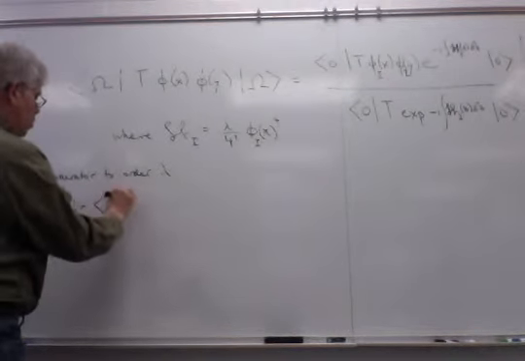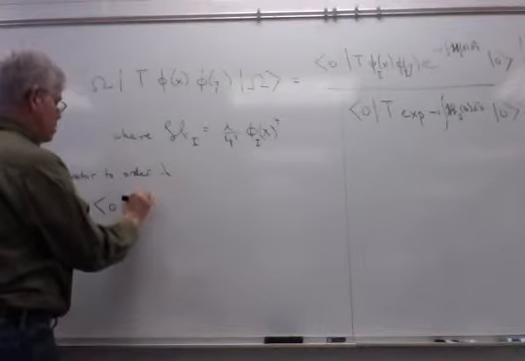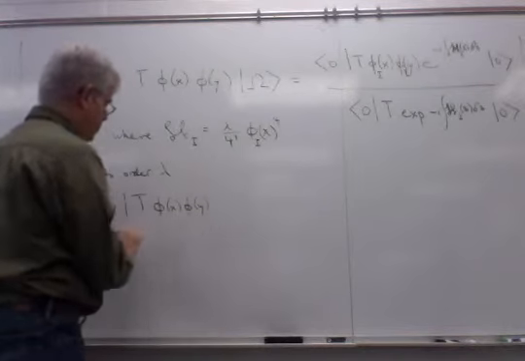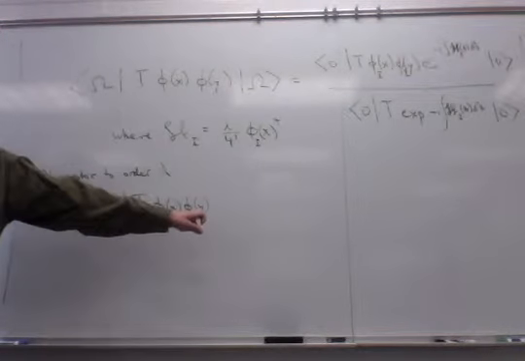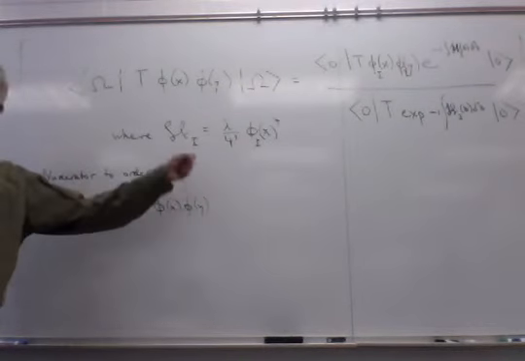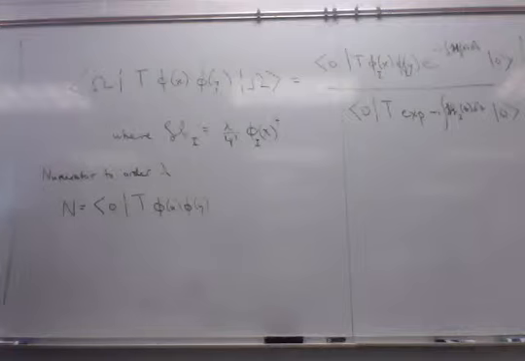Okay, so the numerator, let's call it N, is the free vacuum expectation of the time-ordered phi x, phi y. Now, I'm just going to leave the interaction picture I's off, okay? If you see a free vacuum here, that means I'm talking about interaction picture free fields.